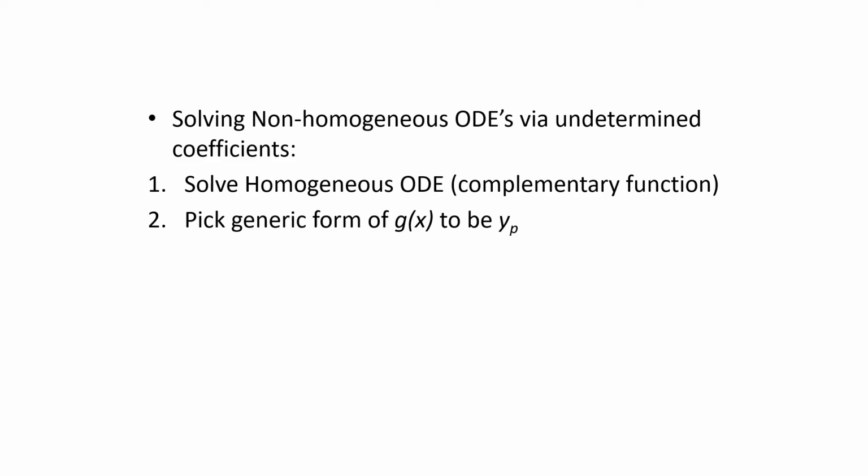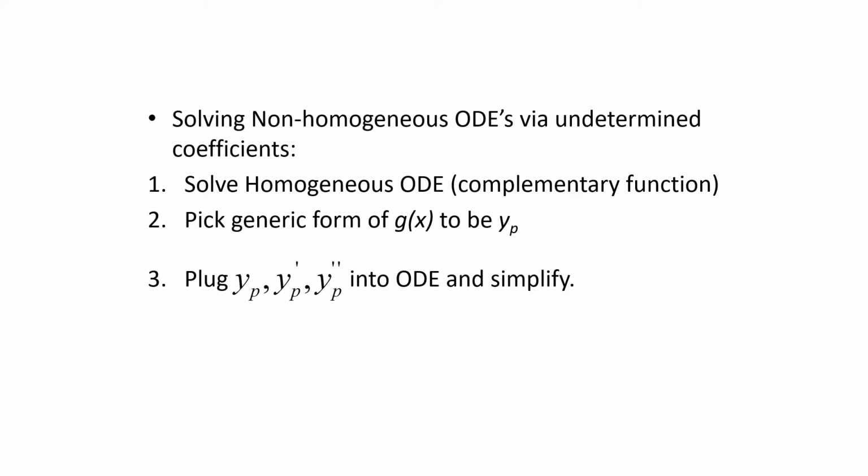So that goes back to what we did on the previous slide. If g of x is a quadratic function, then we're going to assume that yp is a quadratic function as well. Because in order for a combination of derivatives, which is essentially what a differential equation is, to give us a quadratic, then the function that was plugged in has to be some sort of polynomial.